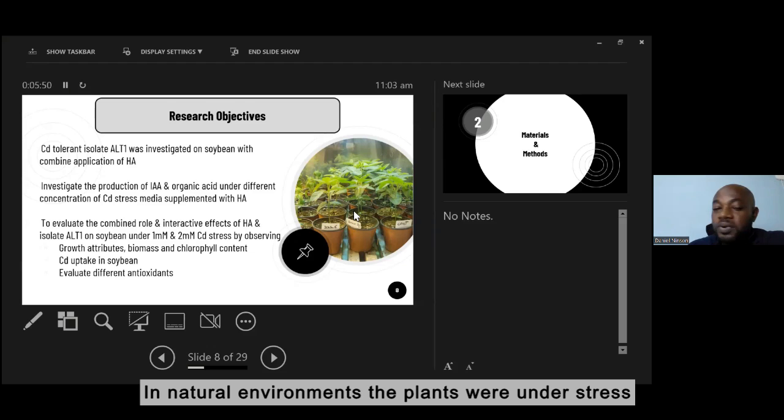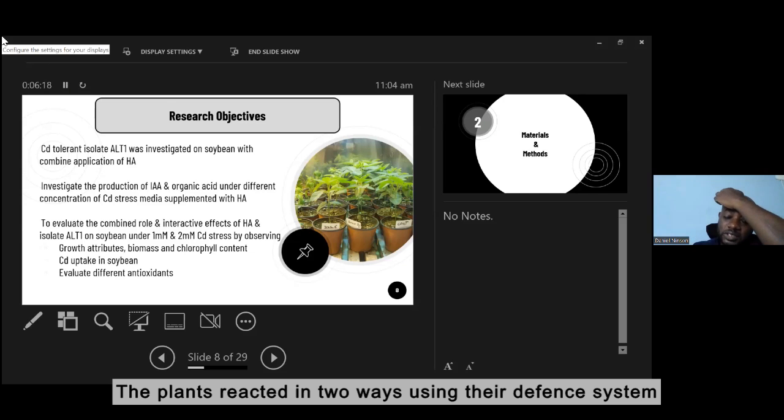Usually when a plant growing in its natural environment is under stress, it means there's an increased production of reactive oxygen species, which increases the oxidative stress, and there are also marked signs of destruction at the molecular level and cell damage as well.